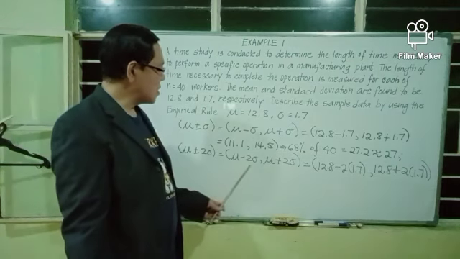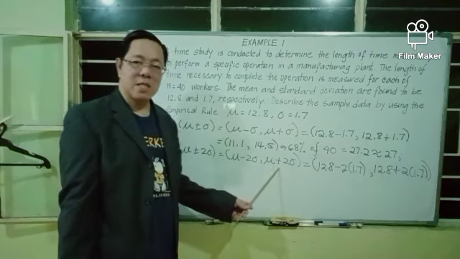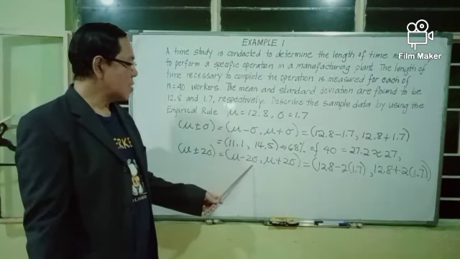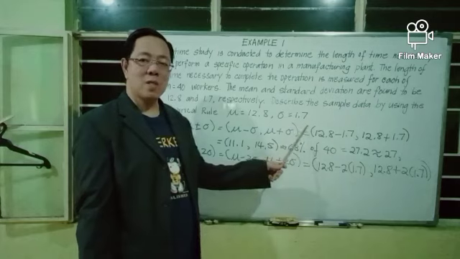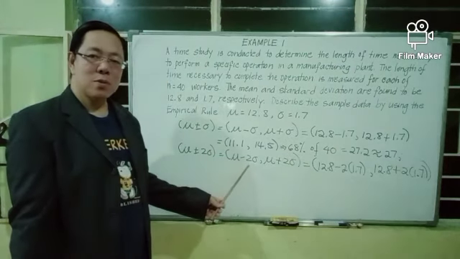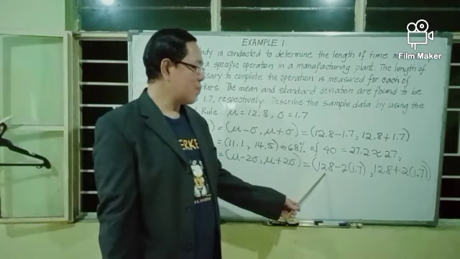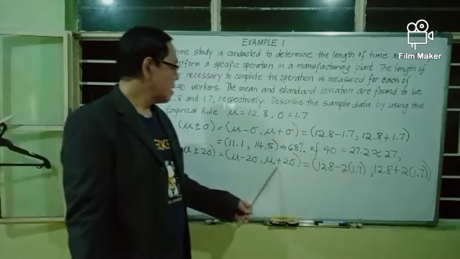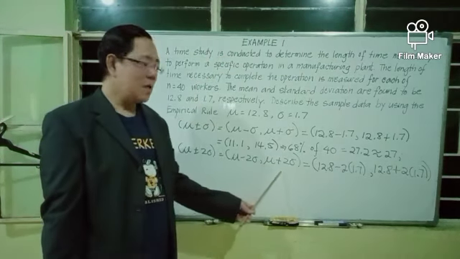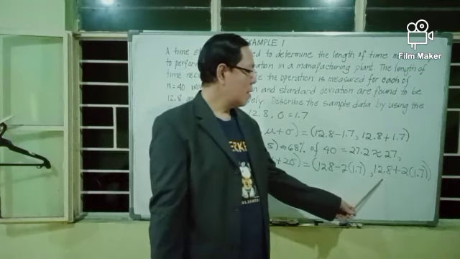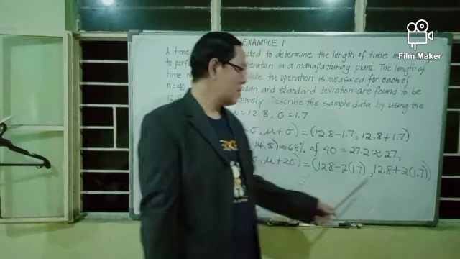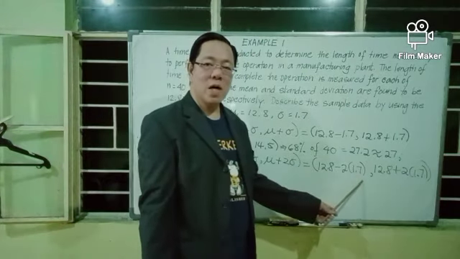And we compute these endpoints where mu is 12.8 and sigma is 1.7. Mu minus 2 times sigma is 12.8 minus 2 times 1.7. Mu plus 2 sigma is 12.8 plus 2 times 1.7. And we compute this using our calculator.